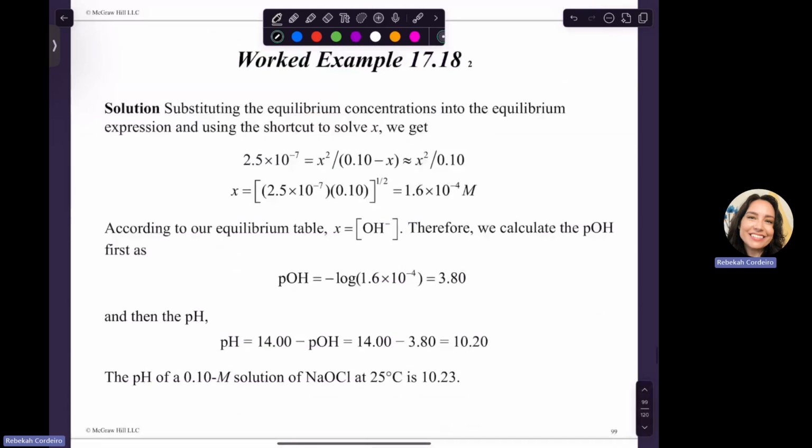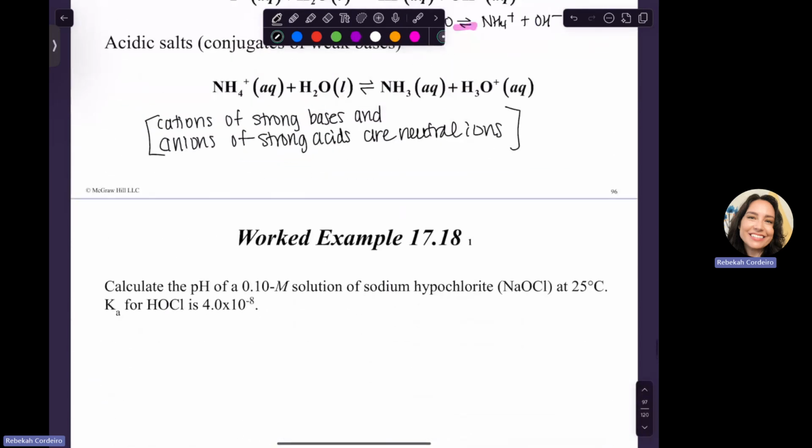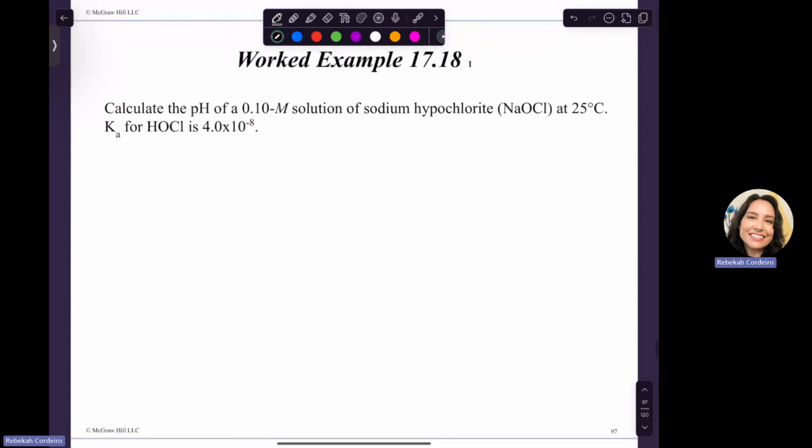Here's an example to work out your ice tables again. What's the pH of a 0.1 molar solution of sodium hypochlorite? Ka for hypochlorous acid is 4 times 10 to the negative 8. So why don't you give that a try? Just write it out first.